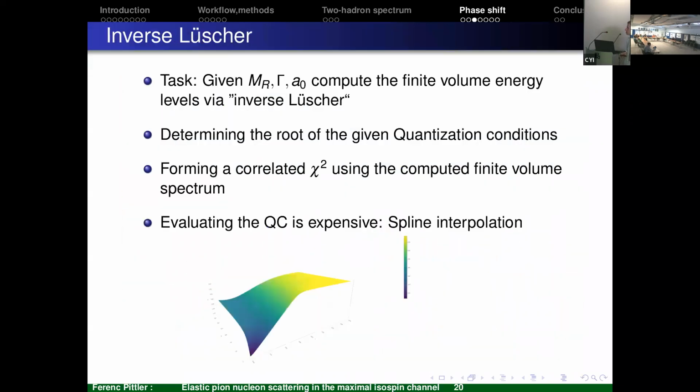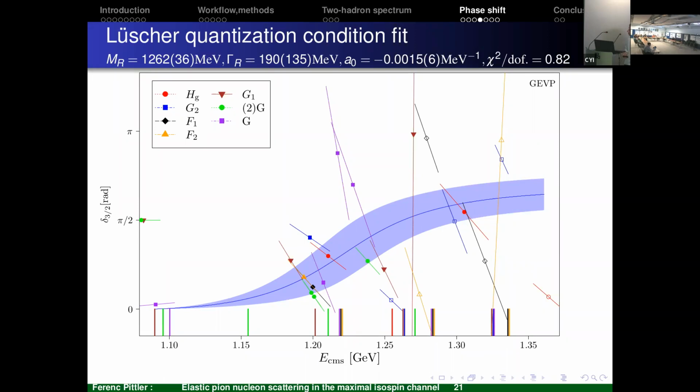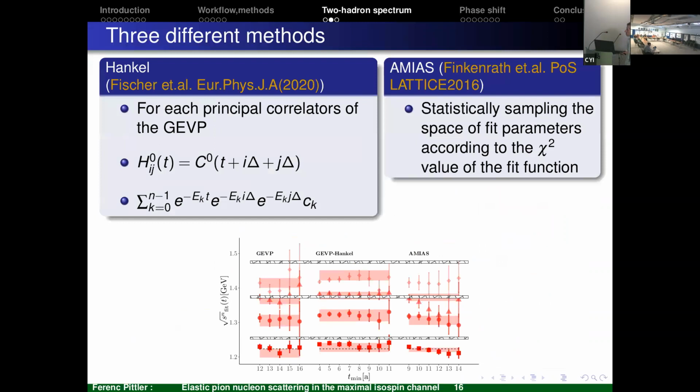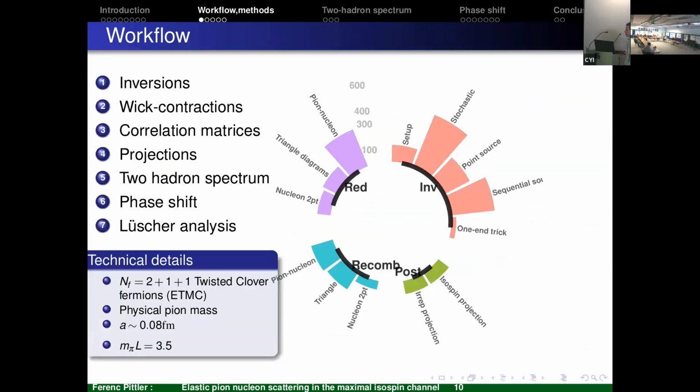This ensemble is the 2 + 1 + 1 physical point ensemble, the 64 cubed ensemble, and what we are doing now is the N_f equal to 2 + 1 + 1, 0.09 Fermi lattice spacing ensemble, with 48 spatial sites.